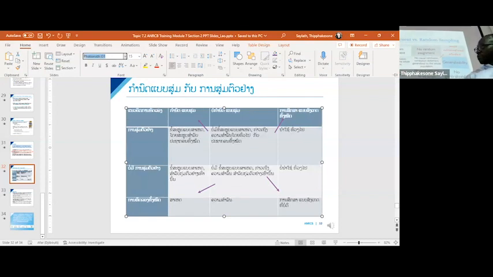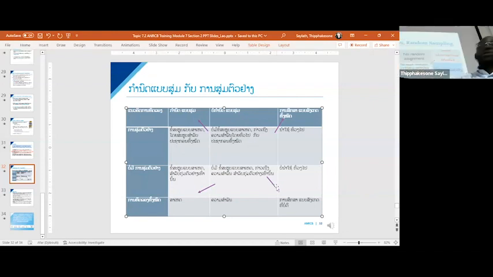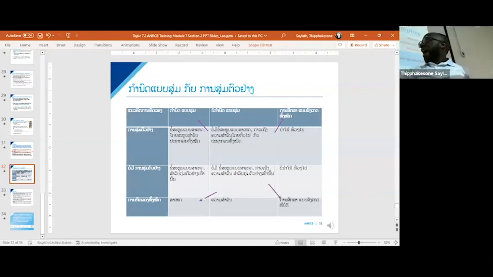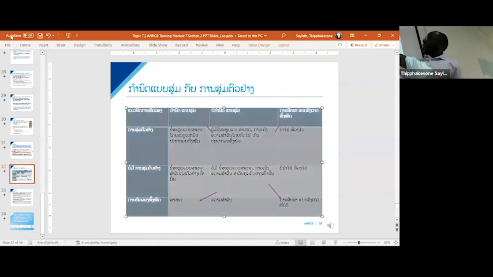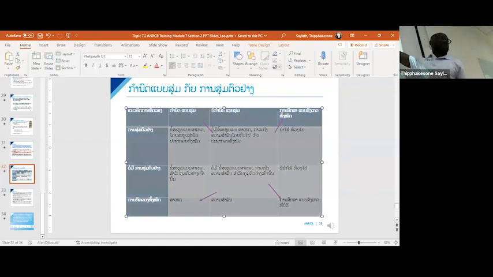But if I have random assignment but no random sampling, I still can make causal conclusions, but only for the sample that I have. That's most experiments.